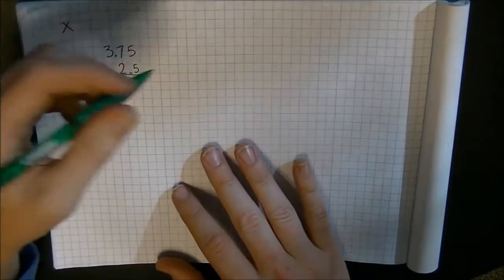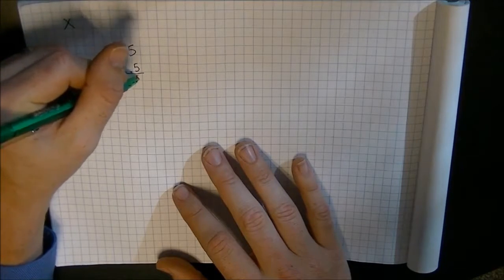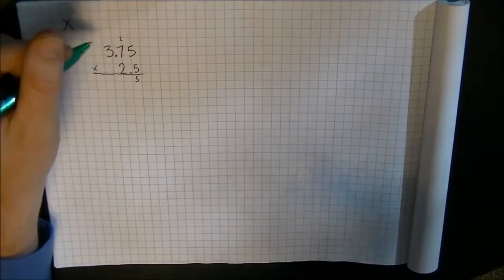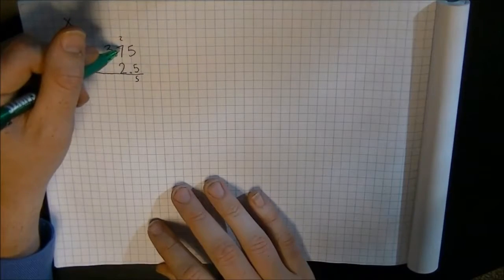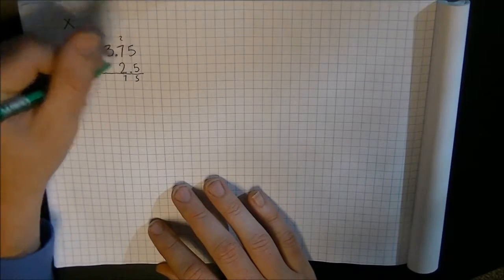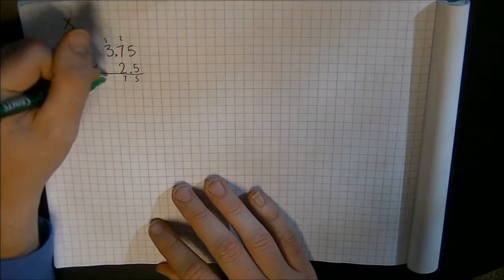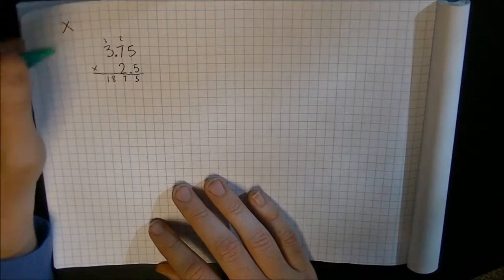All right, so let's give this a shot. 5 times 5 is 25, so that's 5 carry the 2. And then 5 times 7 is 35, plus 2 is 37, carry the 3. 5 times 3 is 15, plus that 3 is 18.